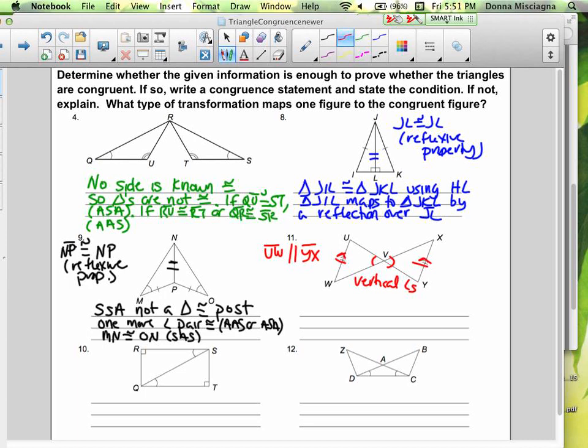And because that is true, our alternate interior angles are congruent. And we actually have two pairs because we have two transversals. So we have one set of alternate interior angles right here.